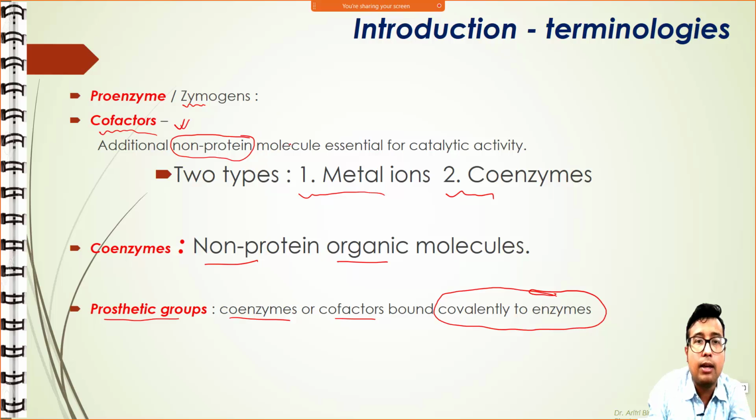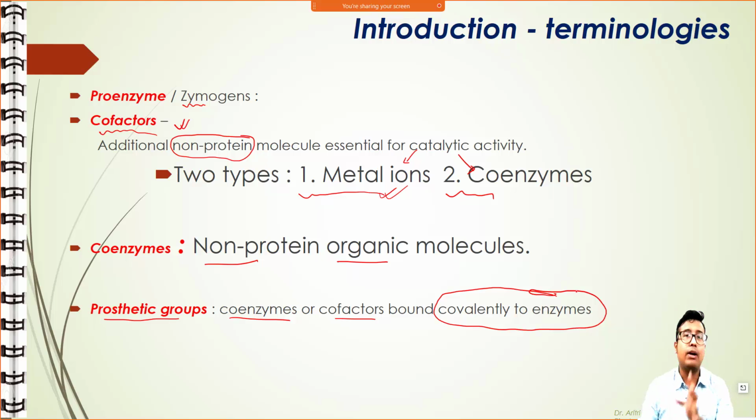Cofactors can be classified based on their chemical nature into coenzymes and non-coenzymes. Coenzyme is the organic part and non-coenzymes are mainly the other cofactors that can be metal ions, or they can be prosthetic groups. If they are prosthetic groups, then they are covalently bound, right? So there is an overlap between coenzymes and prosthetic groups.